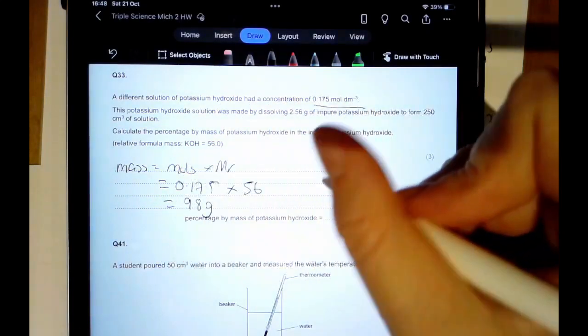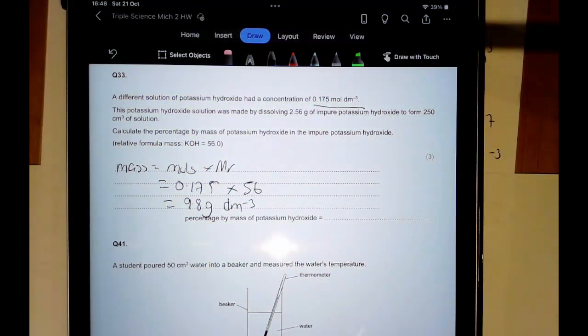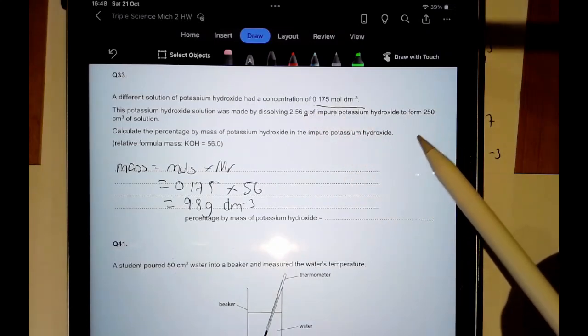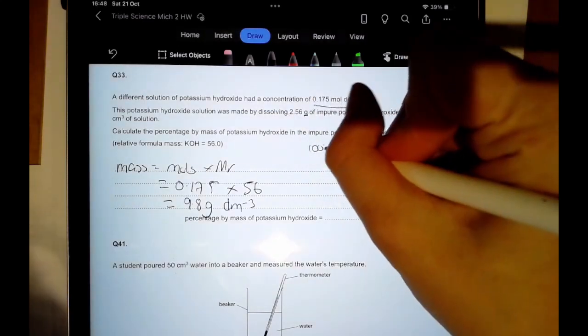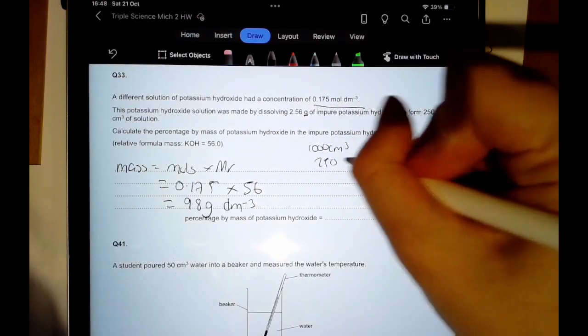Now I know the concentration in grams per decimetre cubed. So that's the mass I have in a decimetre cubed. But if we look here, the mass they've given us is per 250 centimetres cubed. Now a decimetre cubed is 1,000 centimetres cubed, but we only have 250.